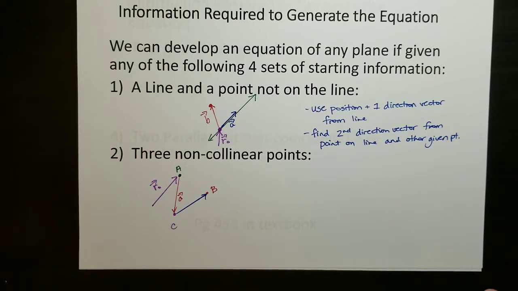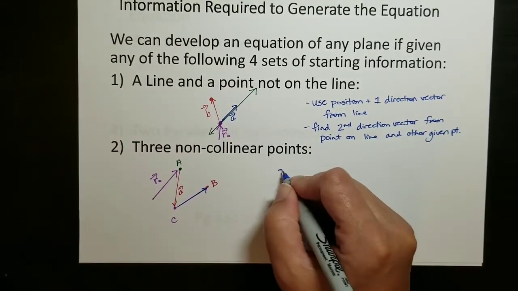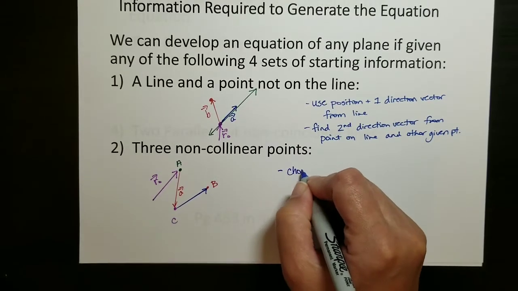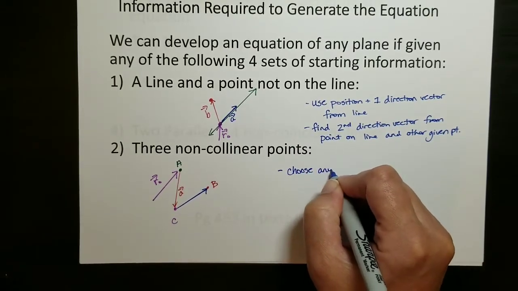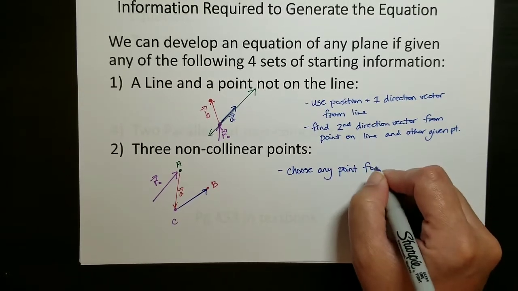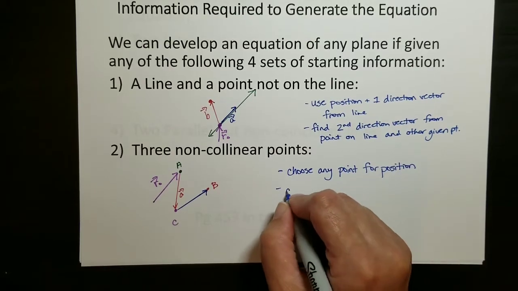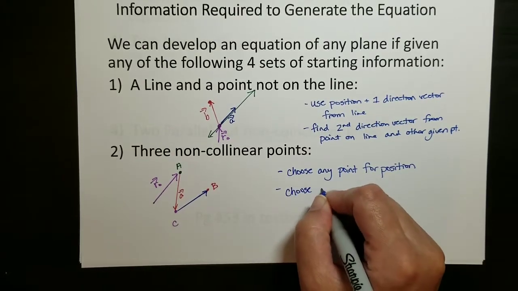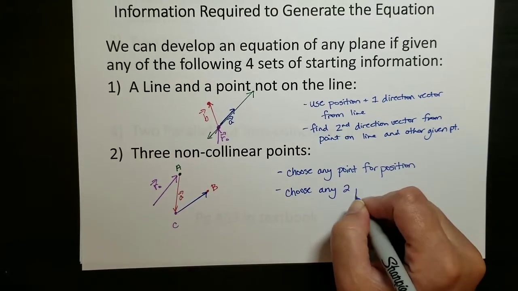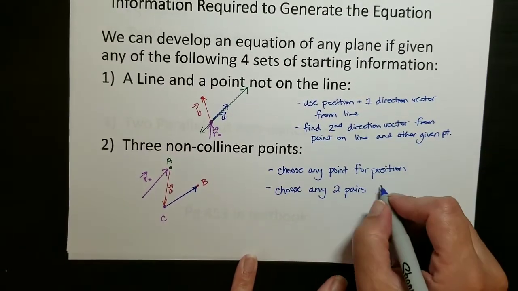So this one I think people see fairly intuitively. You're going to choose any point for your position, and choose any 2 pairs to find the 2 direction vectors.